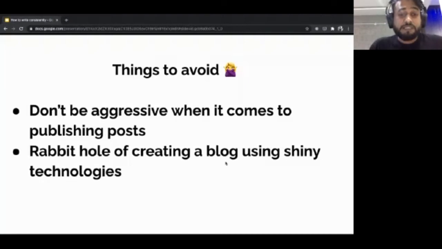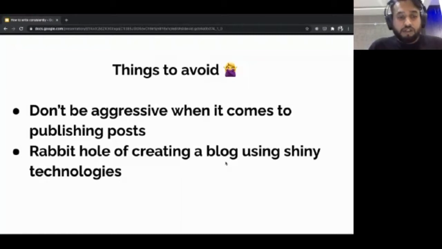The second thing I like to avoid is delving into a rabbit hole of creating a blogging platform for your own publishing from scratch and using those shiny new technologies that you have always intended to learn. I enjoy learning new technologies, but I also believe that there should be a minimal amount of friction between writing a post and maintaining a blog.